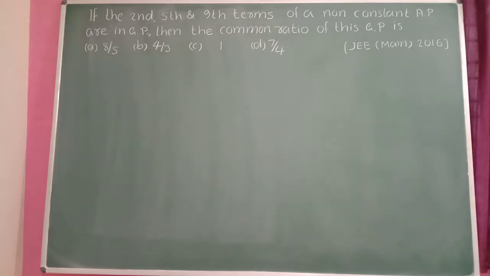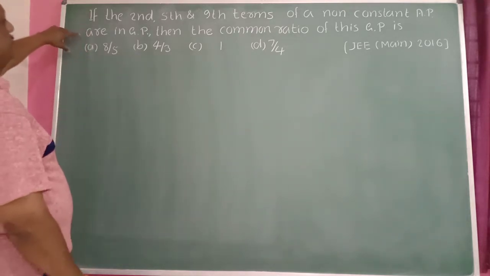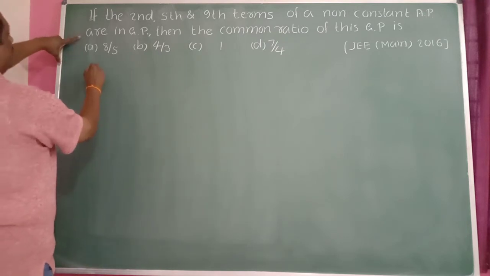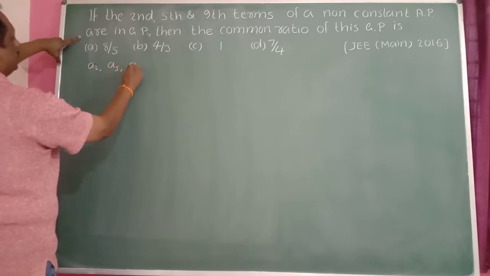Now, the second, fifth and ninth terms of a non-constant AP are in GP. Therefore the second term is a2, the fifth term is a5, the ninth term is a9.